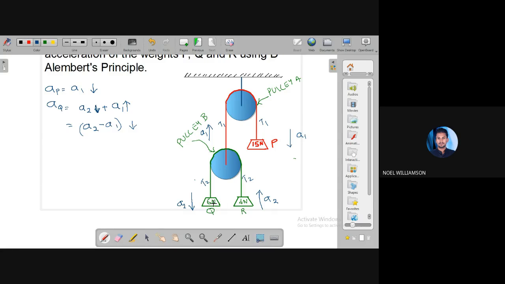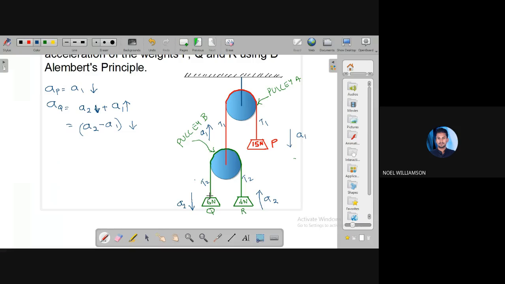Why? While considering pulley B, Q is moving downwards with an acceleration a2. So a2 downwards. Now the whole system is moving upwards with an acceleration a1 while considering pulley A. So we are taking the absolute direction of Q as downwards.